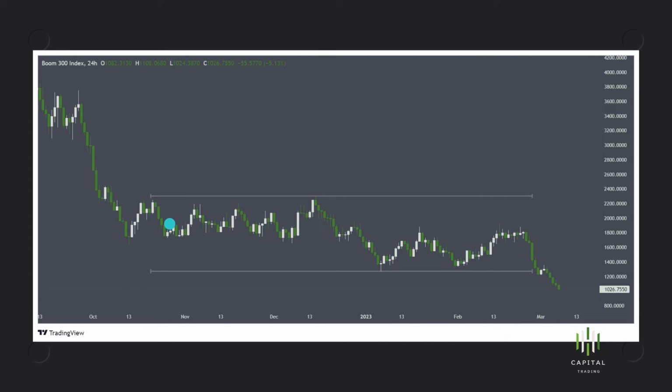Boom 300 currently has been in a range, but I think they broke out of this range a few days ago. This was the beginning of March. They've been ranging, they've been moving sideways in a range. So that's what I've been meaning to say.